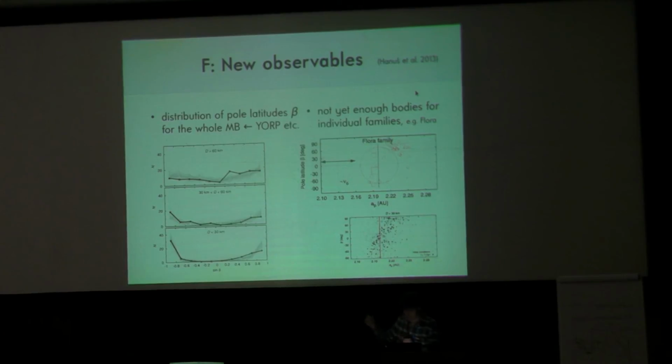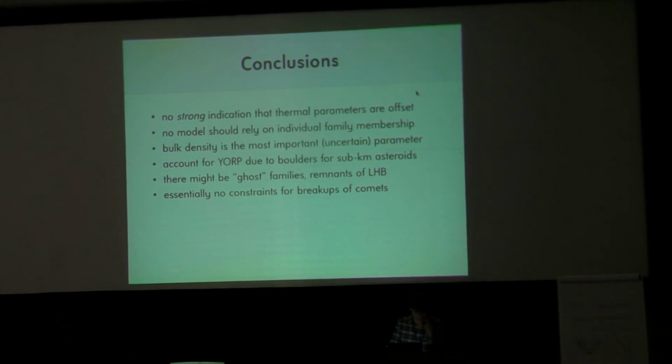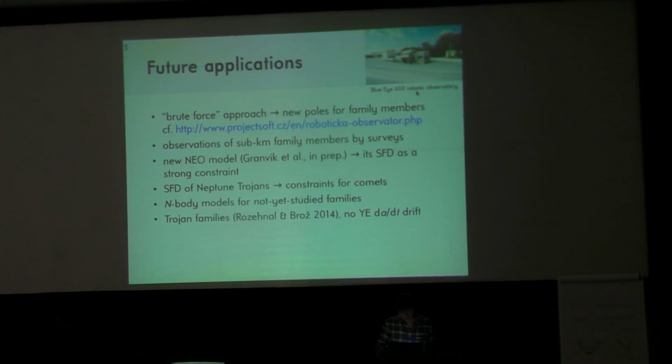You need quite a complicated model to fit it, but we need to wait until a larger number of objects will be available. So that's a sort of intermediate summary of what I have told, but I think we shall move on to future applications.